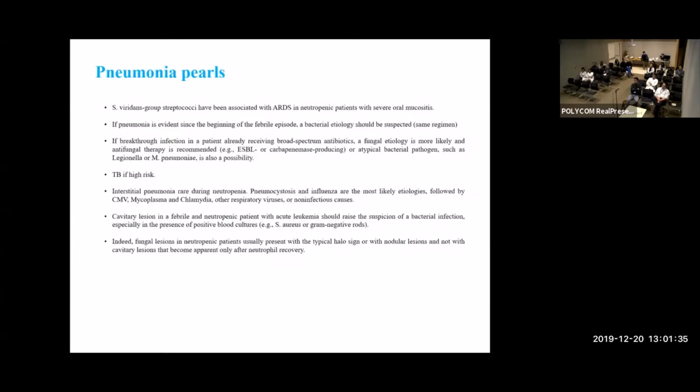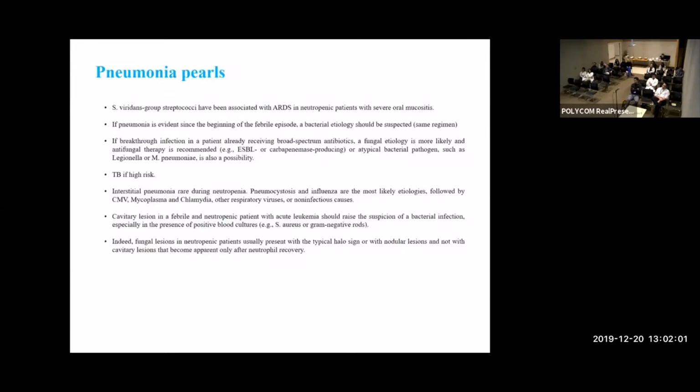They can have influenza, CMV, mycoplasma, other less common or less virulent pathogens in the normal host can definitely have different manifestations in the immunocompromised host. All cavitary lesions in neutropenic patients should raise the possibility of bacterial infections, even fungal infections.